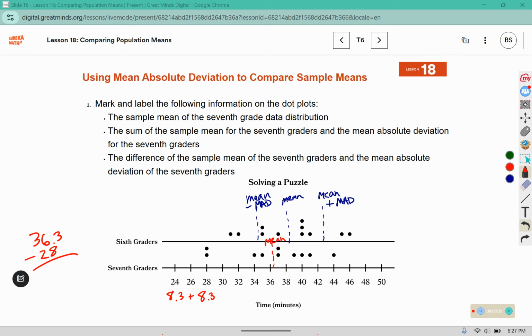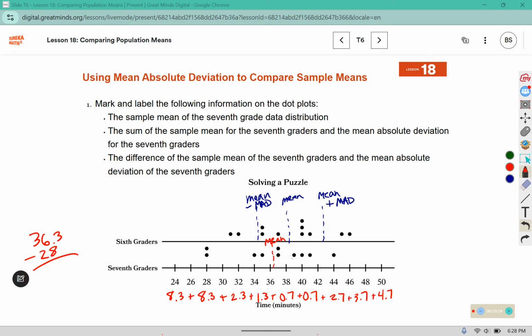36.3 minus 34 is 2.3. 35 is going to be 1.3 away. 37 minus 36.3 is 0.7 away, and there are 2 of those. 39 minus 36.3 is 2.7. 40 minus 36.3 is 3.7. 41 would be 4.7.